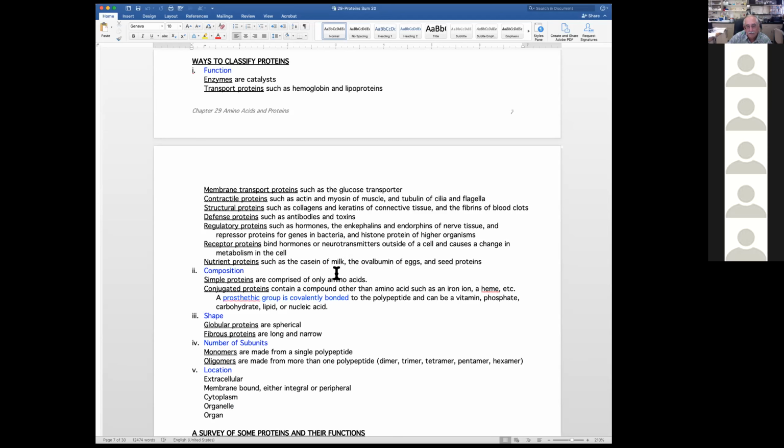Like if you look at casein of milk and ovalbumin in eggs, the only reason they're there is to provide a source of amino acids to the baby cow or the growing egg or the growing plant.